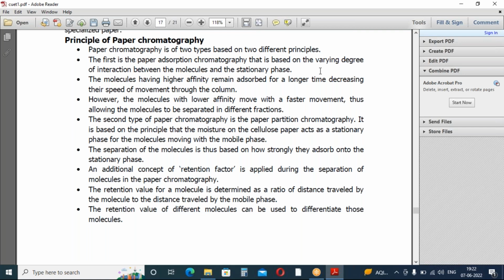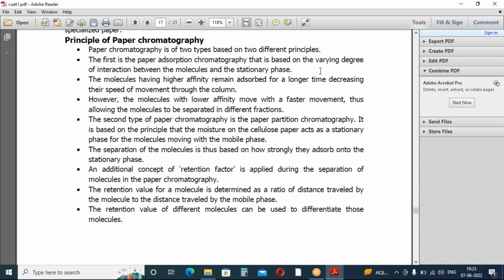This is mainly based on the retention factor. That means how it retains the components present in the mixture is called the retention factor. This retention value is majorly used for the detection of the components present in the mixture. The retention factor is calculated as the distance traveled by the molecule divided by the distance traveled by the mobile phase.